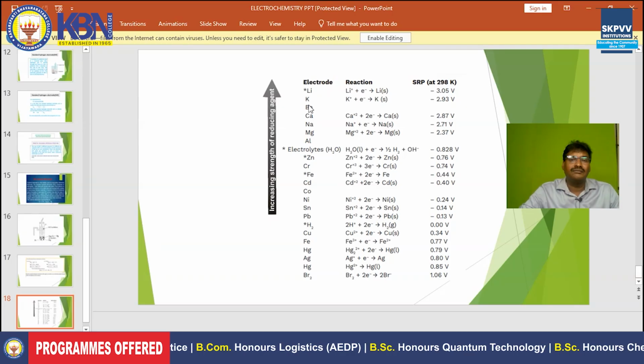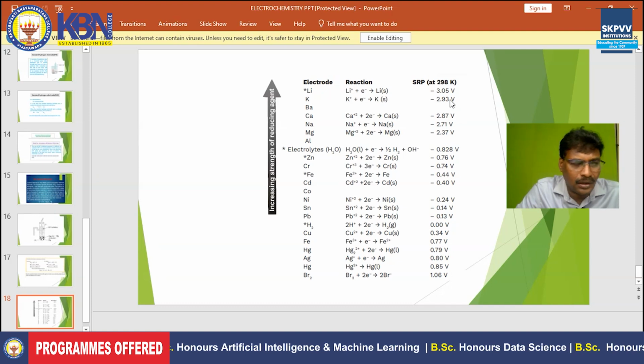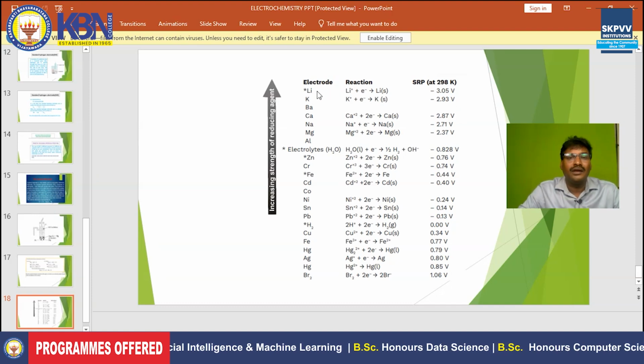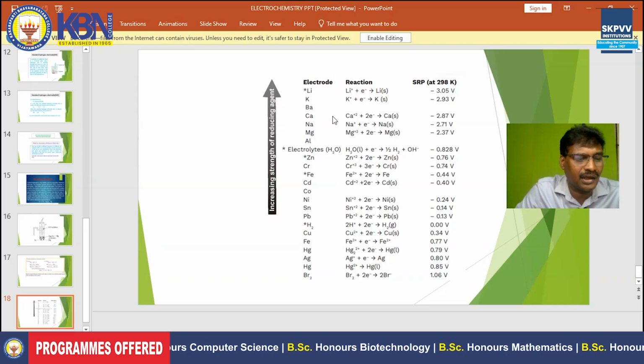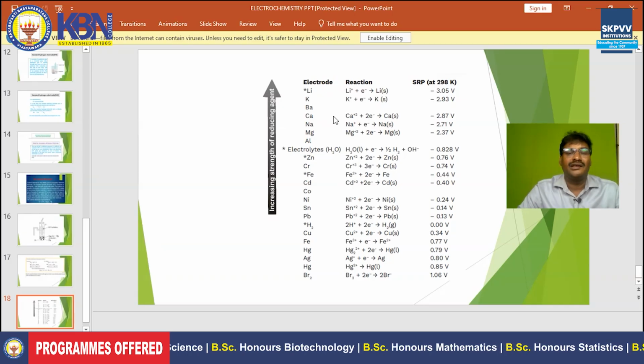Here lithium, potassium. Reduction means taking electrons, so that is called reduction potential. By connecting with a reference electrode like SHE or SCE, the standard hydrogen electrode or standard calomel electrode, the values are obtained and tabulated in the form of a series called the electrochemical series.